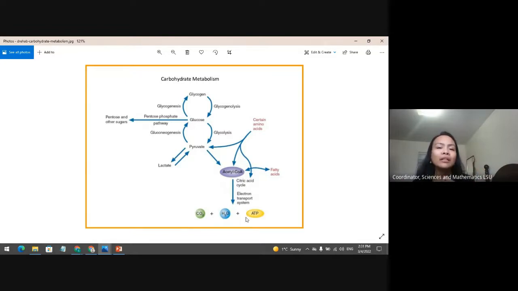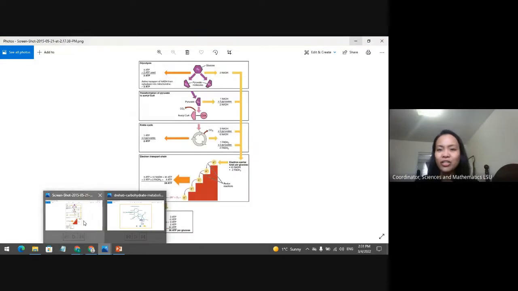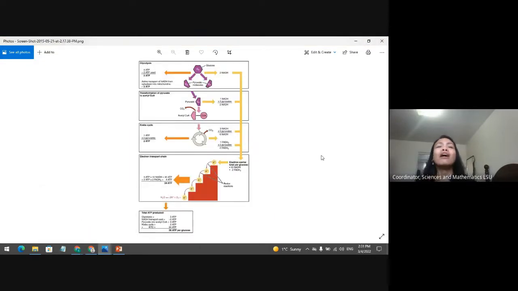Now, let us go to the details of the citric acid cycle and the electron transport chain, and where the carbon dioxide production, the water production, and the ATP production actually happen. I will give you another illustration wherein we have them in detail.